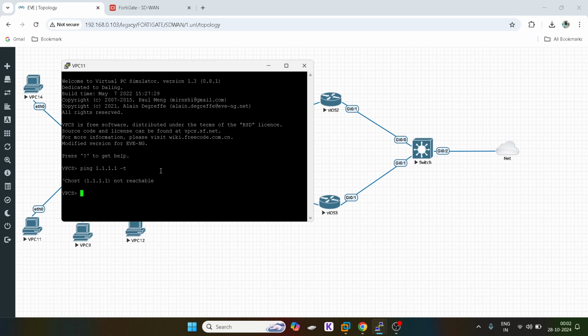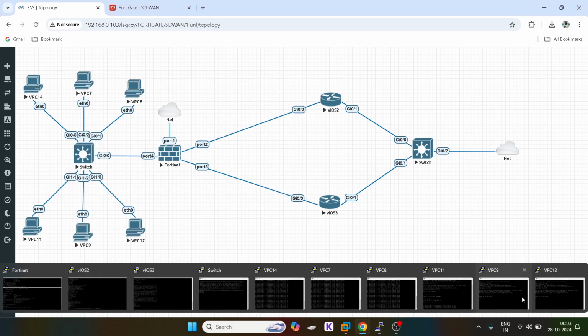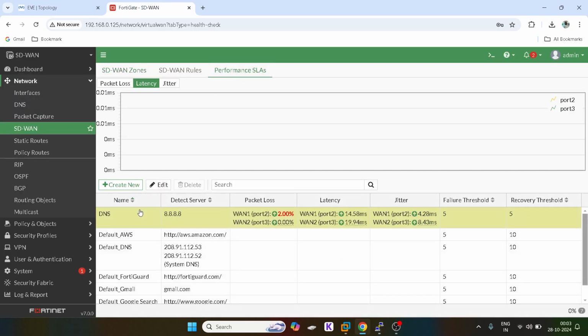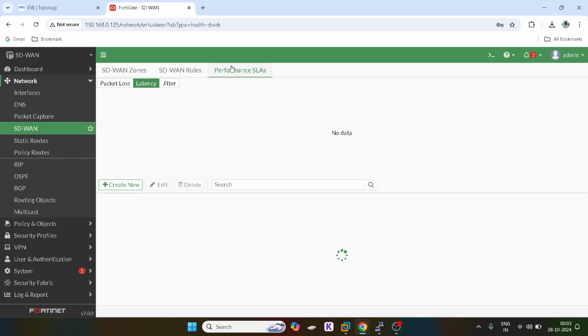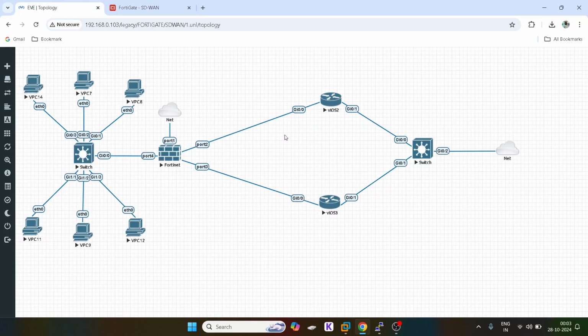Let's see if the performance SLA is getting satisfied. I'm not sure why there is packet loss over here. See, both the links have packet loss. I think there is some configuration issue here, or there might be an issue at my ISP end.